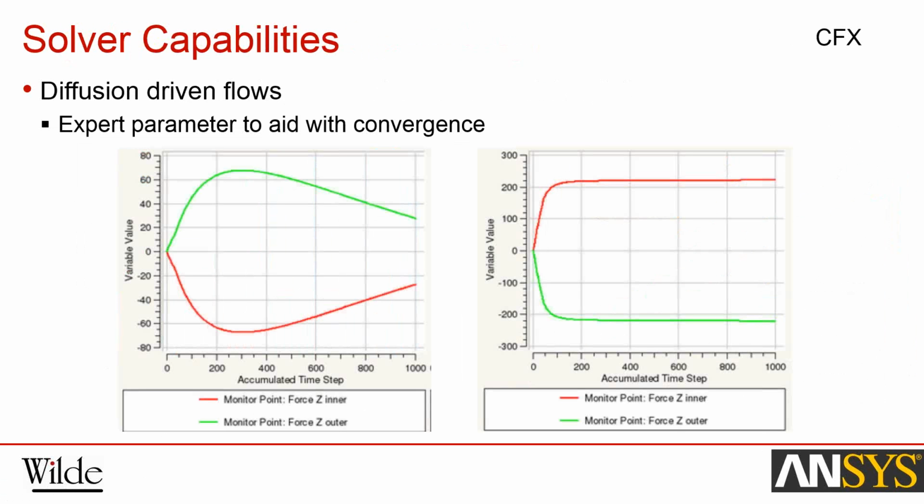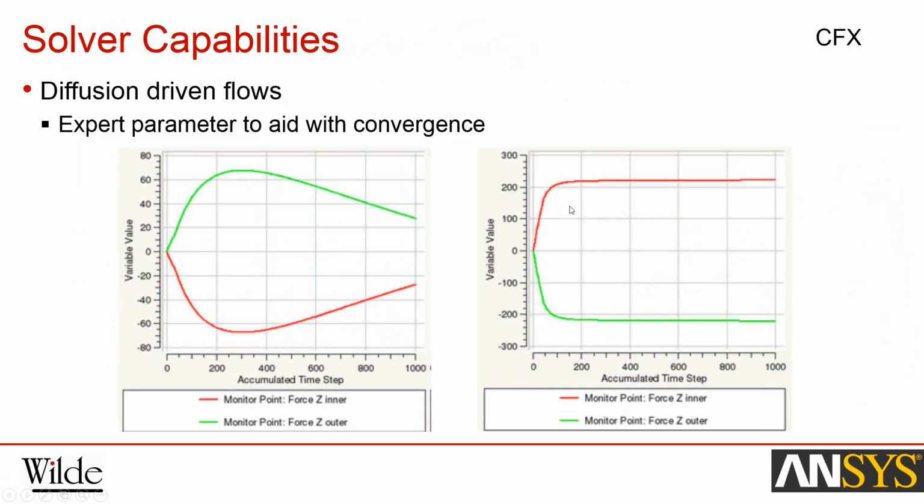From time to time, we get requests for diffusion-driven flows. These are flows where diffusion is the main transporting mechanism for fluid from one point to another. In R15, if you look at the graph on the left, even after 1,000 iterations in CFX, we would not get convergence.